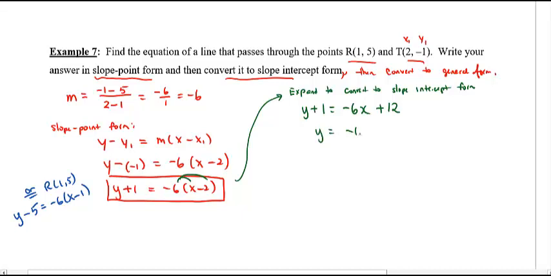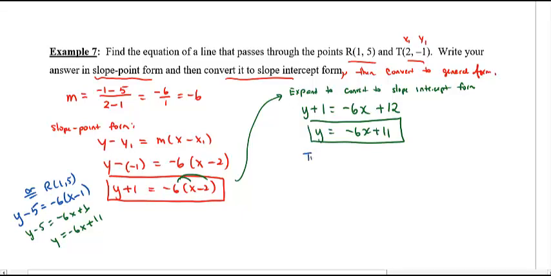We'll move the 1 to the other side, and look, here's my equation. And by the way, if you do it this way too, with the other equation, I will quickly do it. Look, you get the exact same thing. Okay. And then finally, to general form, move them all to one side.